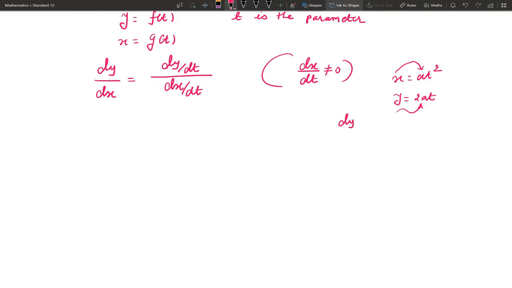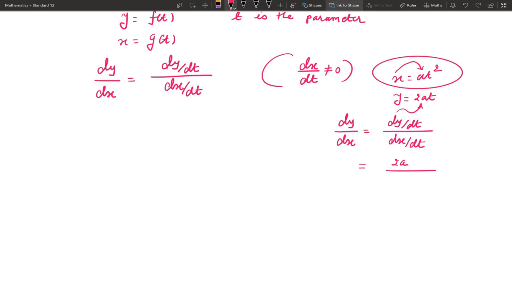So in such a case, dy by dx can be obtained as dy by dt upon dx by dt, where denominator should not be 0 as usual. So dx by dt should not be 0. So dy by dt it is 2a, derivative of t with respect to t, upon dx by dt, derivative of x with respect to t. So 2at, 2a cancels, so 1 upon t.